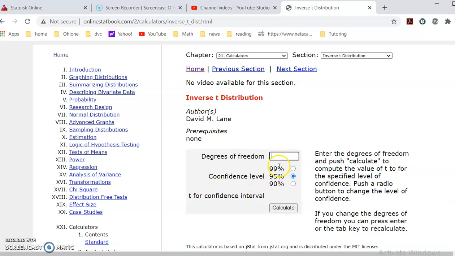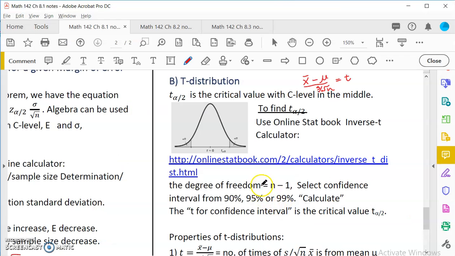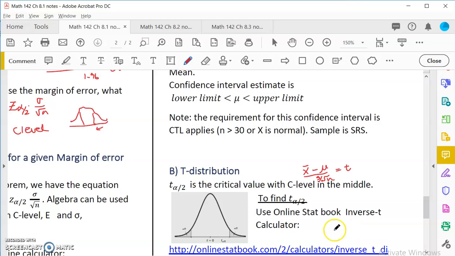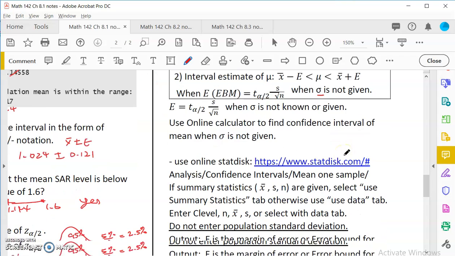You tell it the confidence level and the degrees of freedom, and then it shows the critical value for you. So this is primarily used for confidence intervals. We'll do an example of that later. So just remember, t distribution is used when sigma is not given.